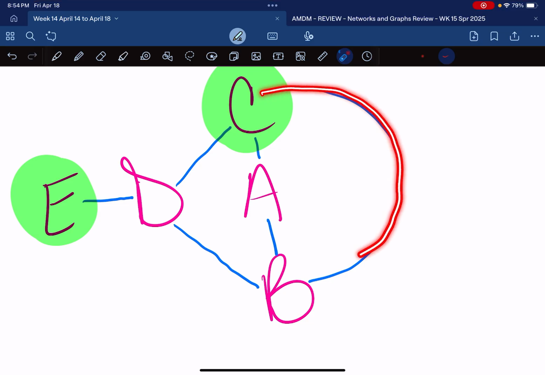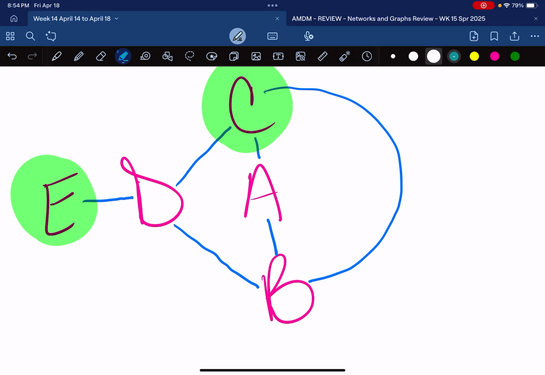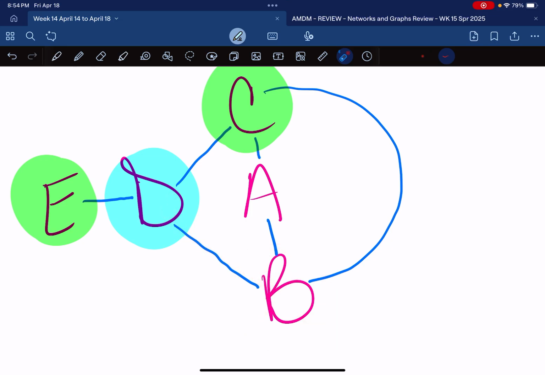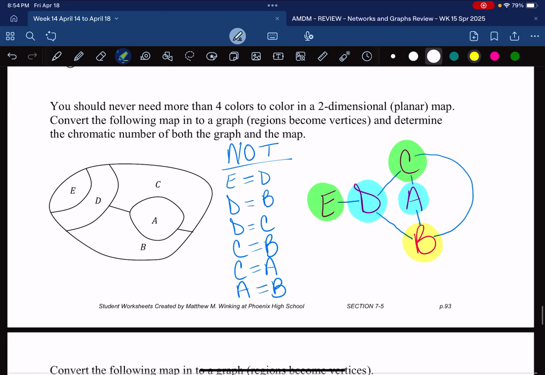No, because it has a line here. So what I'm going to do is now go to D. D connects to B, so B cannot be blue. But you see how there's nothing connecting D to A, which means A can be blue. And we need a third color, which would be C. And we can see that this has 3 chromatic numbers.